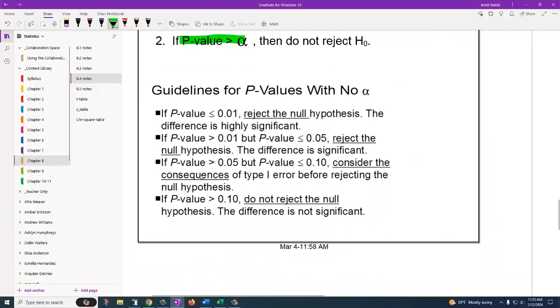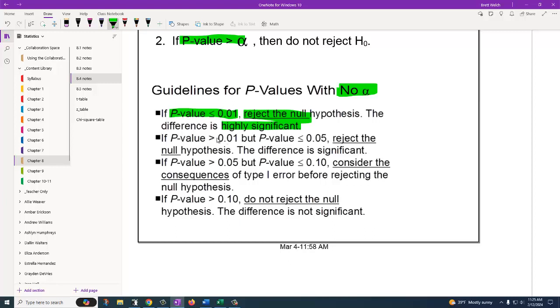There are a few times you will come across problems where an alpha is not given. So if you don't have an alpha, that means you have to make these decisions on your own. If the p-value is ever less than 0.01, meaning 1%, we can reject the null pretty consistently because the difference is highly significant.